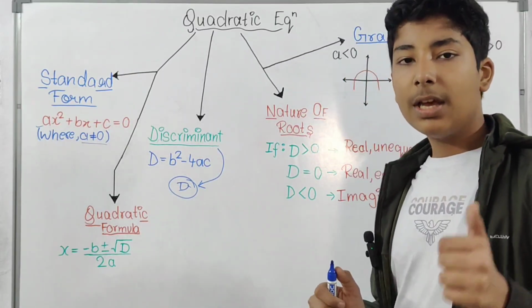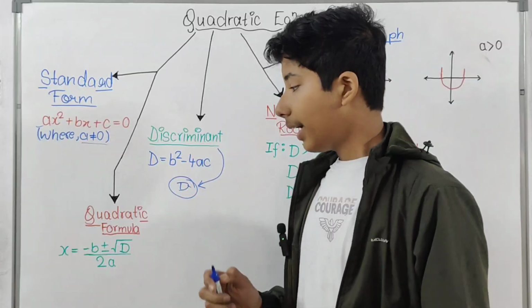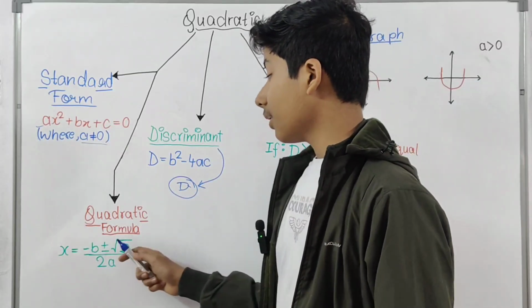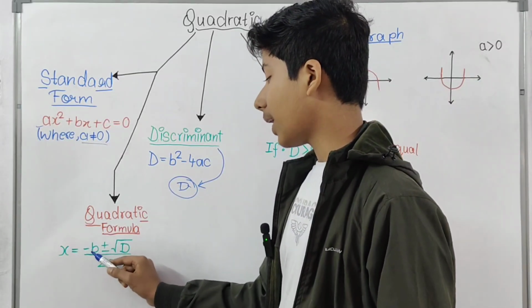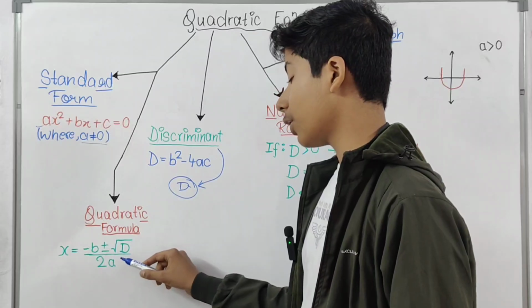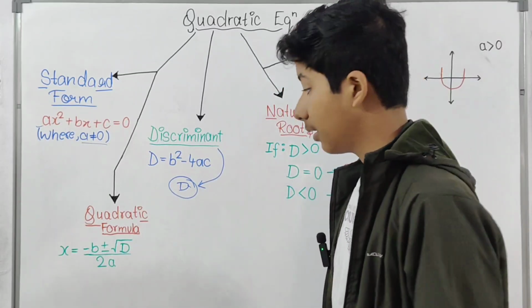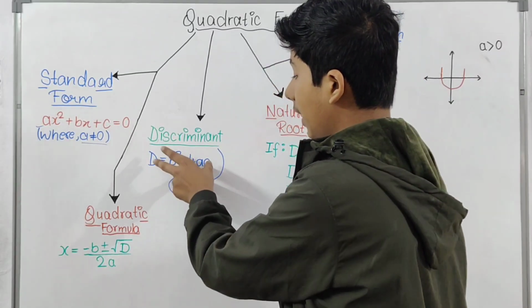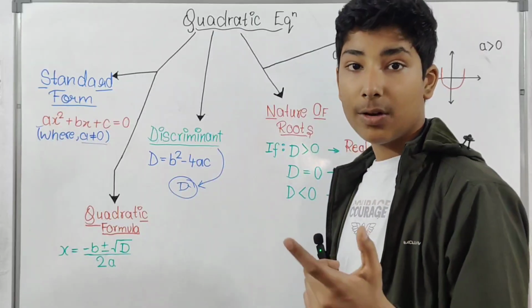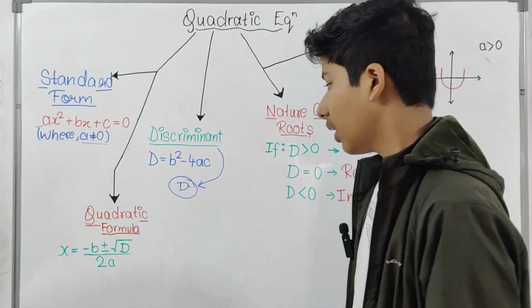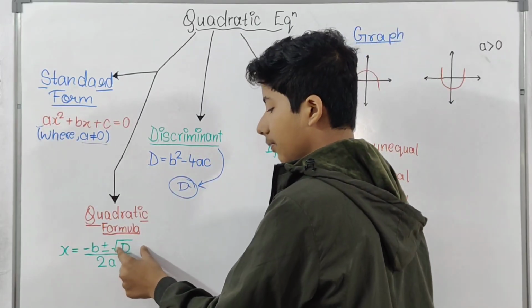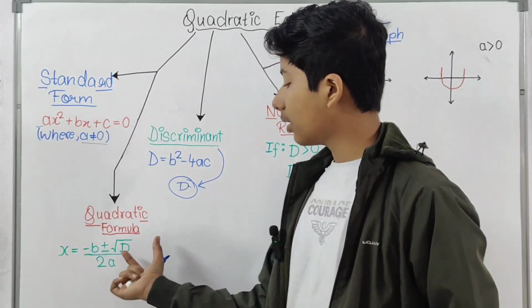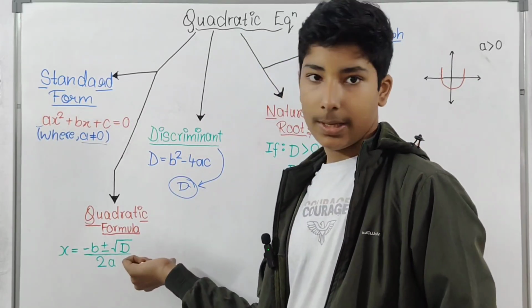This is also known as Sridhar Acharya formula, and it is x equals to minus b plus minus root d upon 2a, where d is b square minus 4ac.